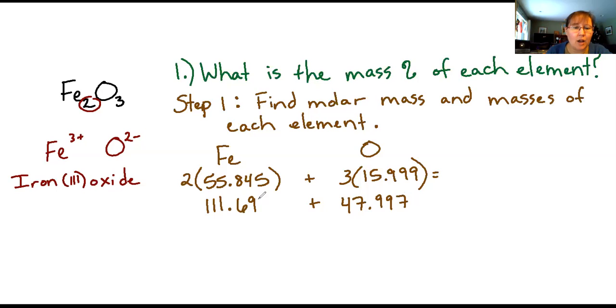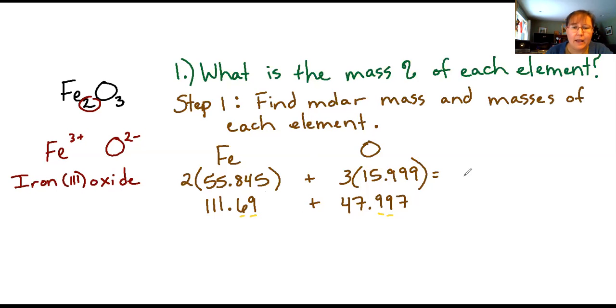Now, when we add these together, we can only have these 2 places. So I will add them together: 111.69 plus 47.997.